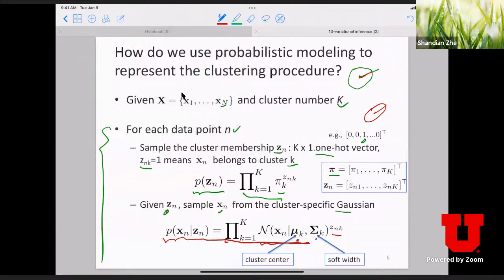So in this way, we finish the generation of a particular data point Xn. We can continue this until we use our probabilistic model to generate all the data points we have observed so far. So this is the whole probabilistic model that represents the cluster structure of the data.